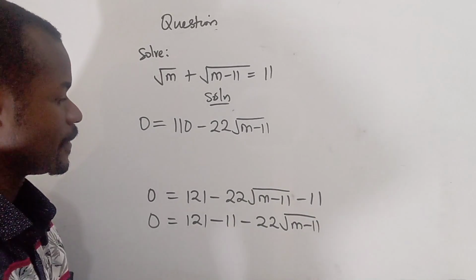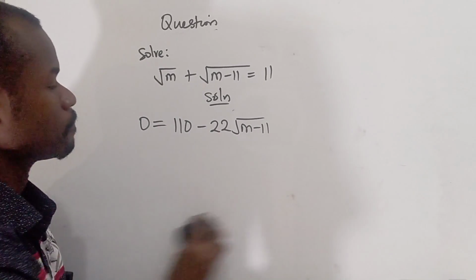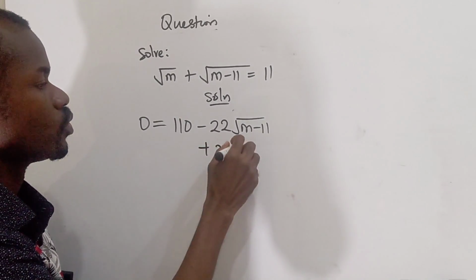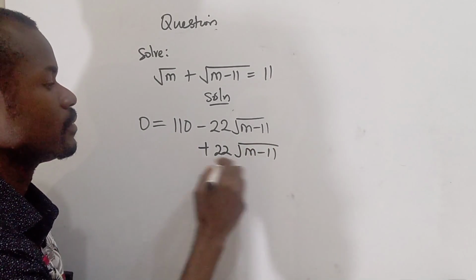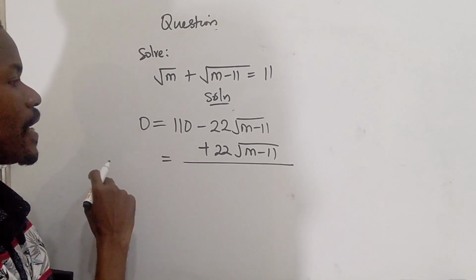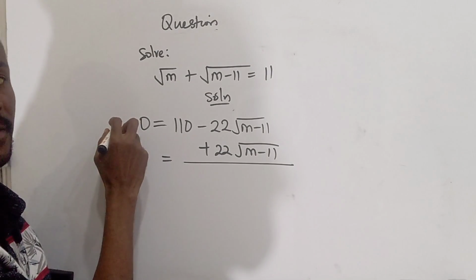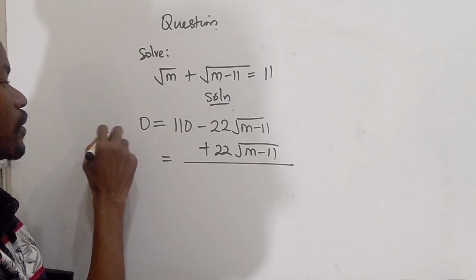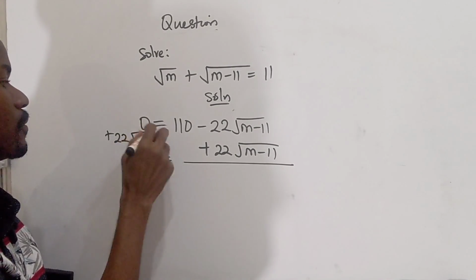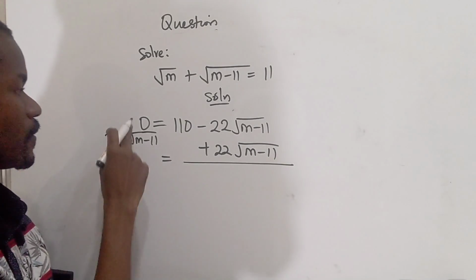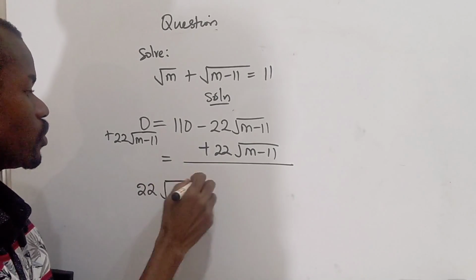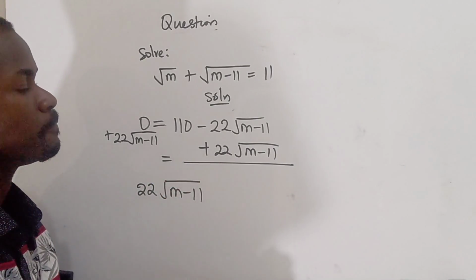All right, so from this, I can add plus 22 square root of (m minus 11) to both sides. So I'm also going to add it here. So 0 plus this is going to give me 22 square root of (m minus 11).